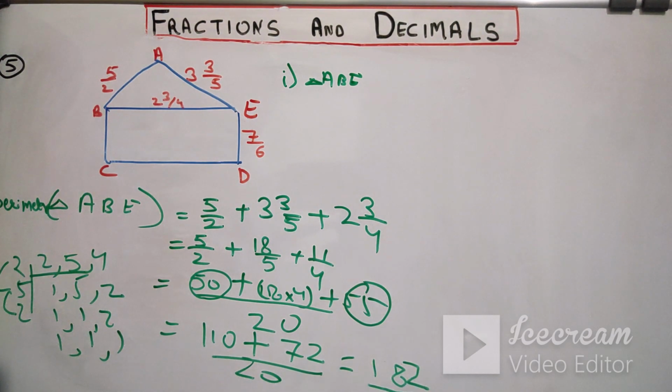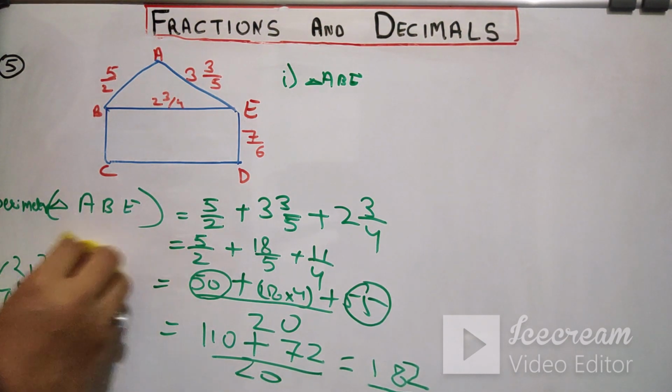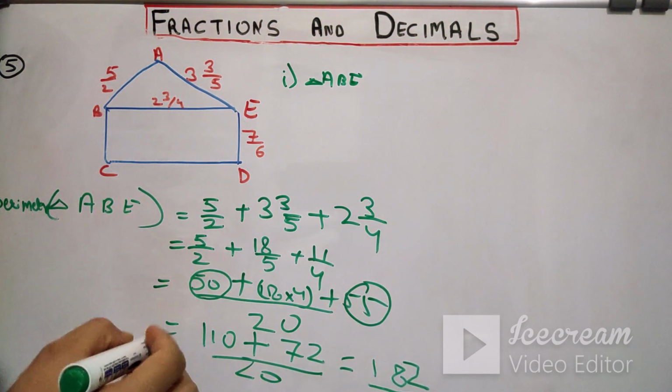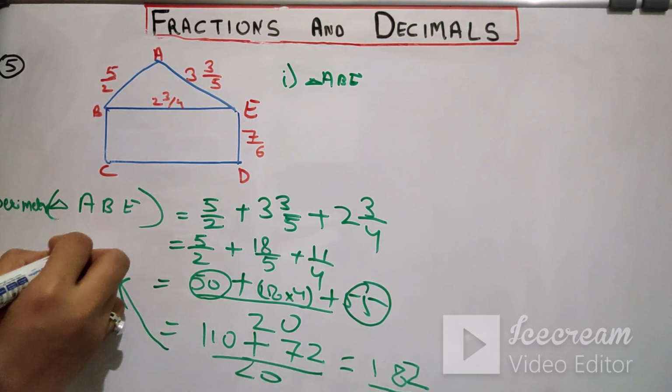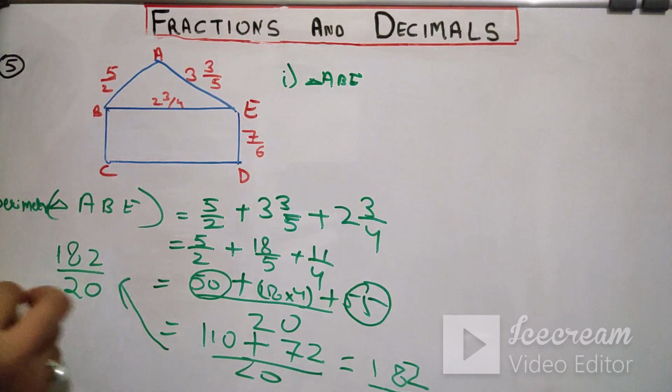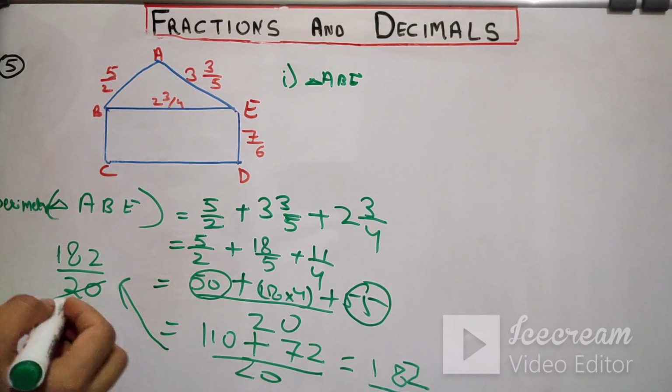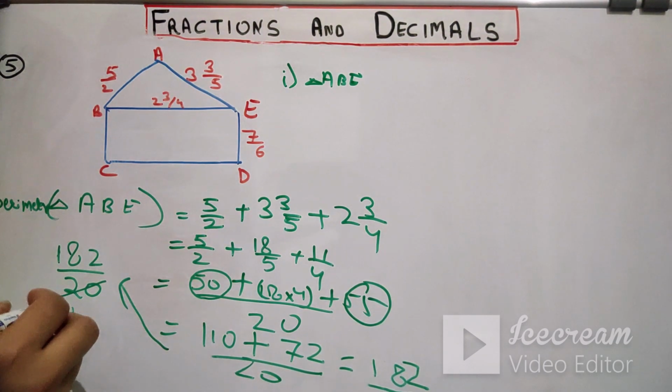It's not visible, okay, I'll write this. The answer is 182 by 20. Let me write it here. We have to convert it into lowest terms.